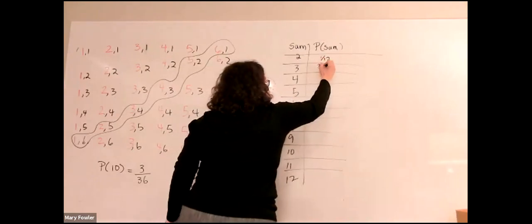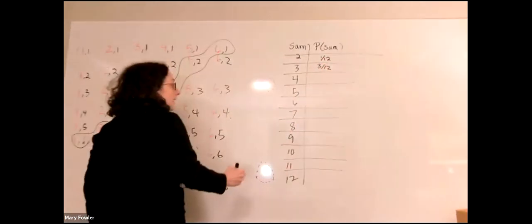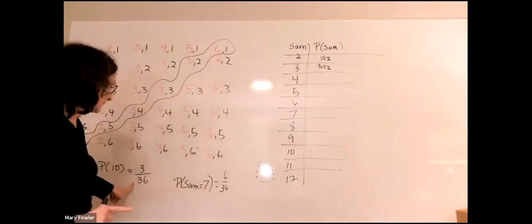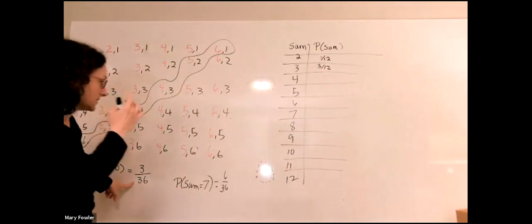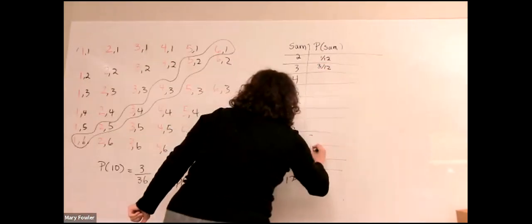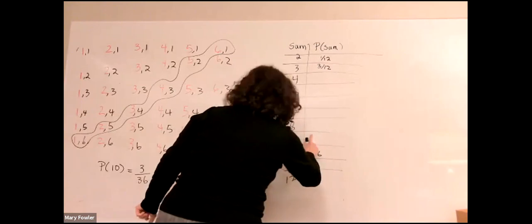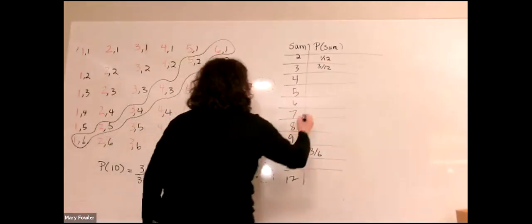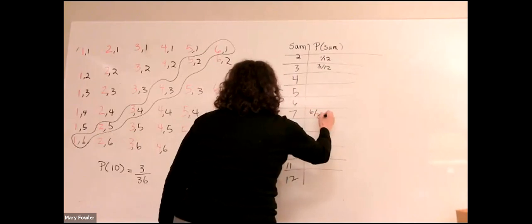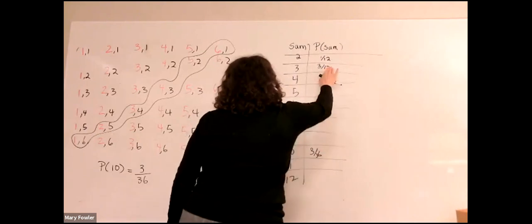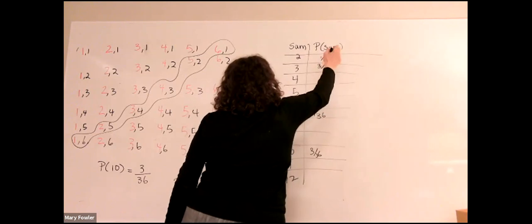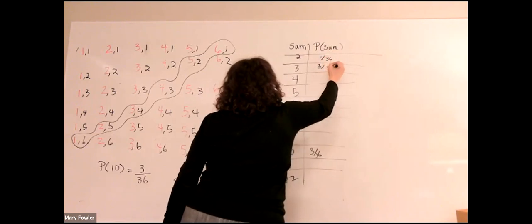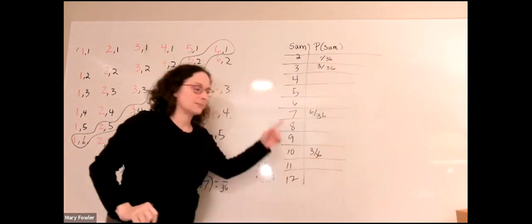So that's 2 over 36. Oh, look, we have a couple already. We have the probability the sum is 10 is 3 over 36, and the probability the sum is 7 is 6 over 36. Let me clean it all up. I apologize. This is because you guys are not in the room helping me keep it correct, but I think we're good now.